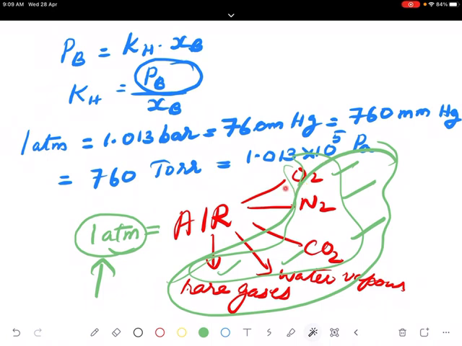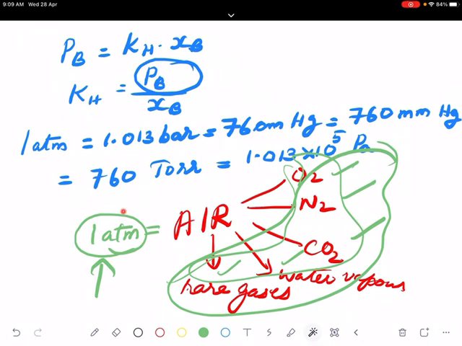According to the individual pressure, how much oxygen is soluble in lake water, river water or a pond depends upon the individual pressure of oxygen. How much nitrogen is soluble depends upon the individual pressure exerted on that water body. So, according to the individual pressure, the gas will be soluble.